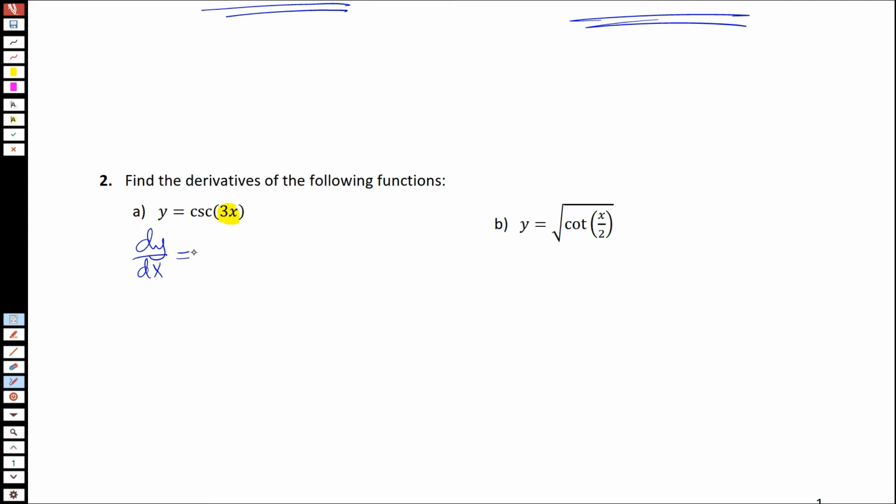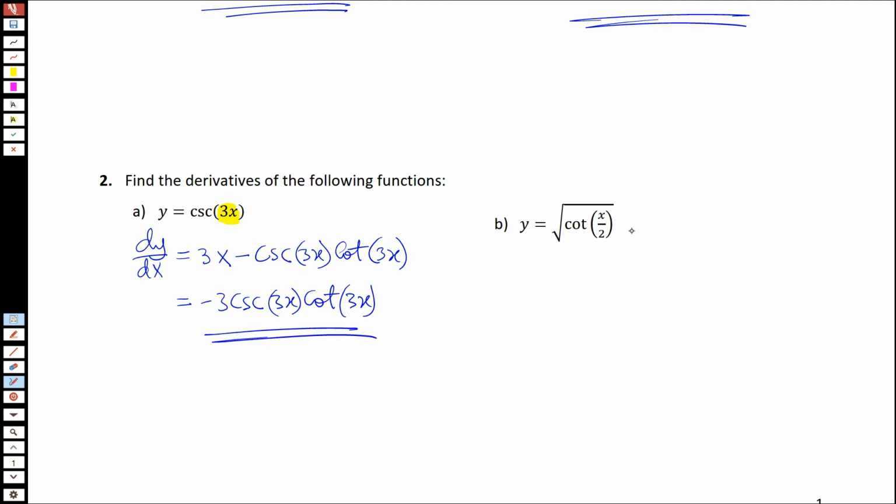But what we can do here is let's first of all start with the inside. So let's start with the derivative of 3x, which is just 3, multiplied by the derivative of cosecant, like I've said, is negative cosecant of 3x, because our x is 3x, multiplied by cotangent of 3x. So that will be equal to negative 3 cosecant of 3x cotangent of 3x.